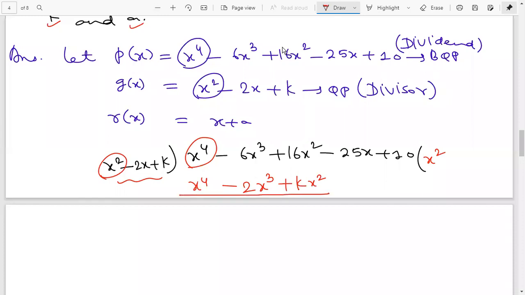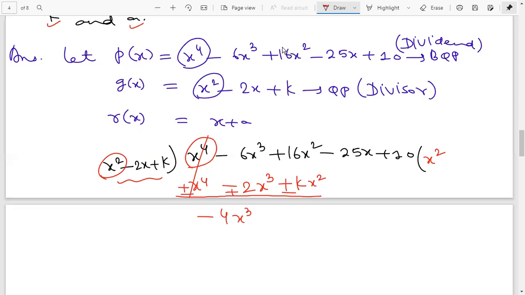Then the sign will change, so it will be minus, and this will cancel out, equal and opposite sign. This will be minus 4x cube, because minus 6x cube plus 2x cube is minus 4x cube.